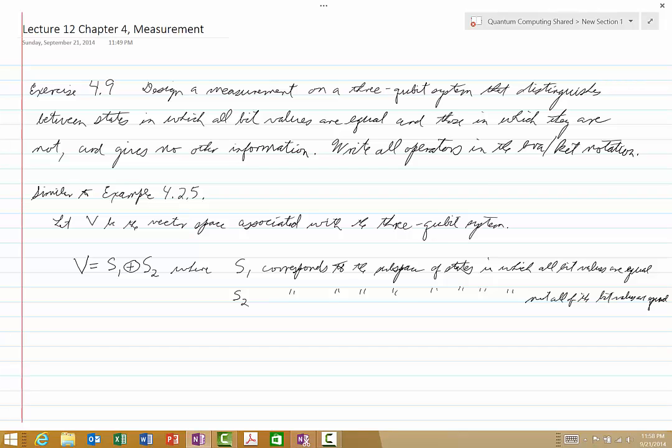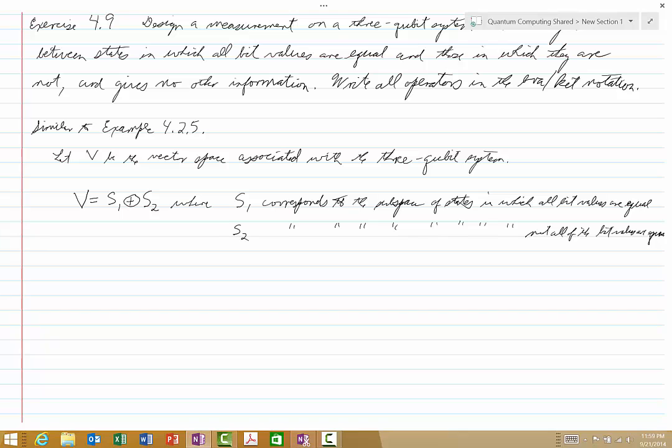I don't want to say too much about that because I might save that for a later problem. It's, I think, a very good problem as a follow-up to the one we're about to do. But just keep in mind that the vector space can be written as a direct sum of more than two subspaces if that's appropriate for the problem under consideration. But in this case, there are only two possibilities that we're interested in. Either all the bit values are equal, or they're not all equal. So we have two subspaces here, S1 and S2, and we want to proceed with that kind of thinking.